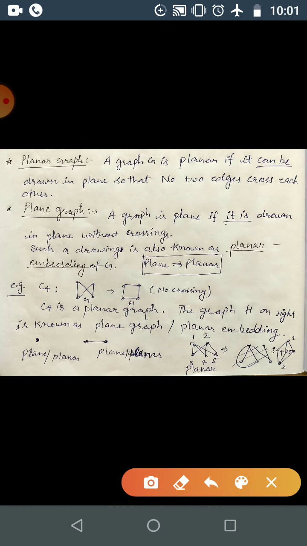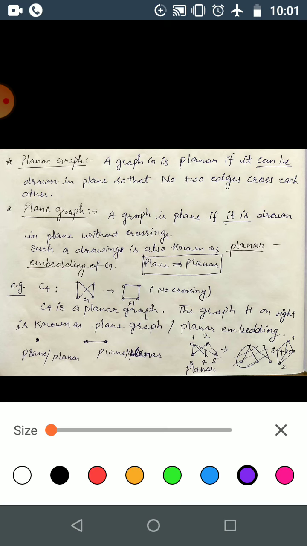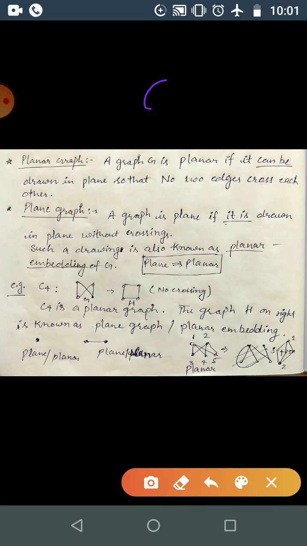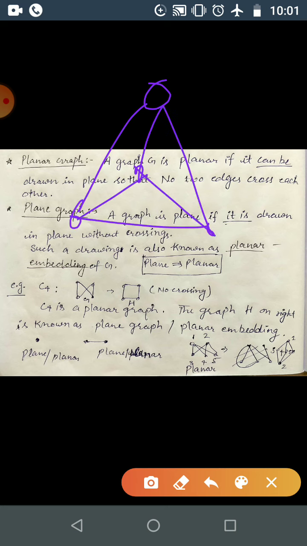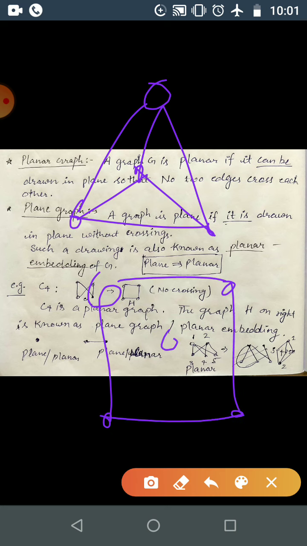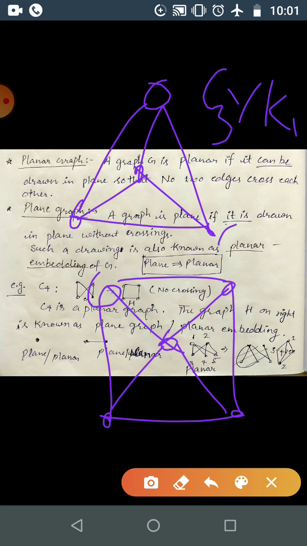And some other well-known graph. What about wheel? You have this one planar, this one Cn join with K1. So C3 join with K1, C4 join with K1, C5 join with K1.